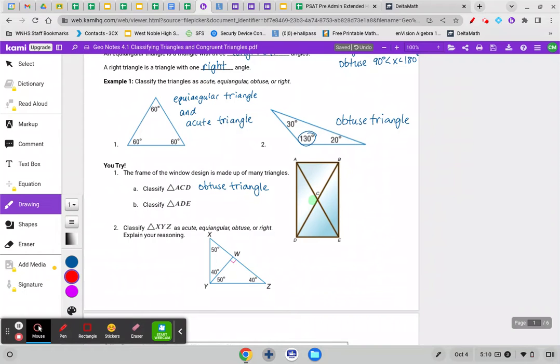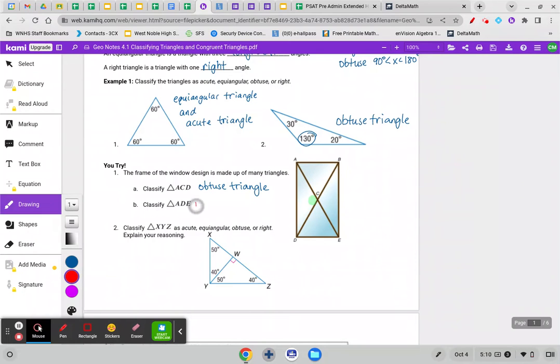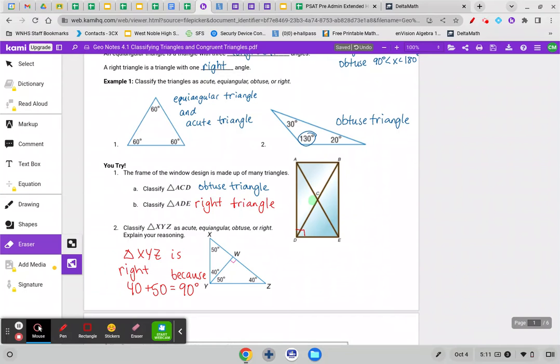The other one I had highlighted, but then accidentally erased, is this right triangle here, ADE. Because it is a rectangle, we know that is a right angle, so this is a right triangle.